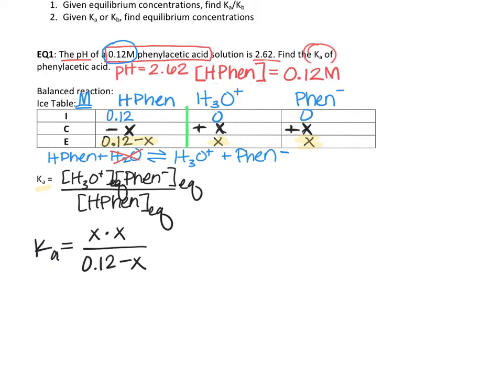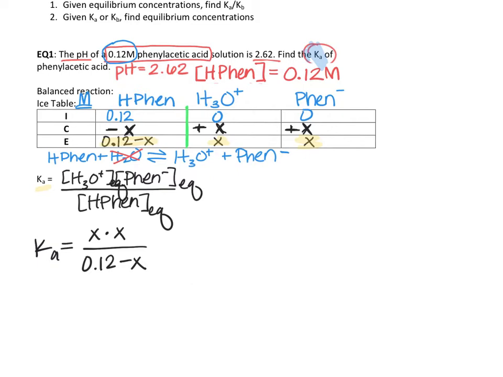The objective of the entire experiment is to solve for Ka, right? That's what I'm looking for. So I have this expression, but I don't have a number yet because I have X's as placeholders for everything in the Ka expression. So my next goal is to solve for X.